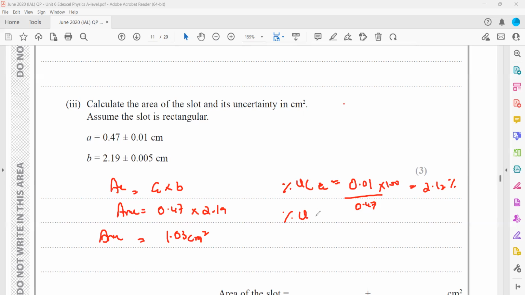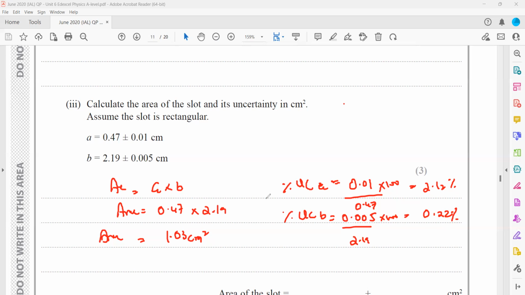Then we find the percentage uncertainty in B. The uncertainty in B is 0.005 divided by the recorded value 2.19, times 100. So 0.005 times 100 is 0.5, divided by 2.19, which is 0.22%.